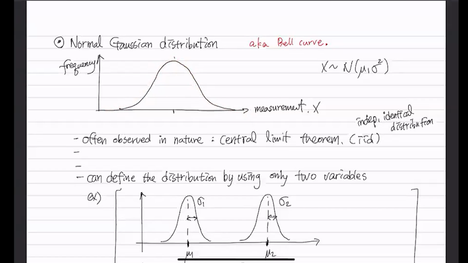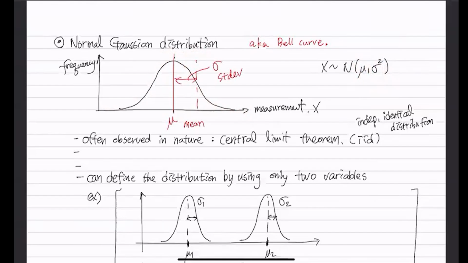This kind of distribution, normal, Gaussian or bell curve, is determined by two terms, the mean value, mu, and the standard deviation, sigma.